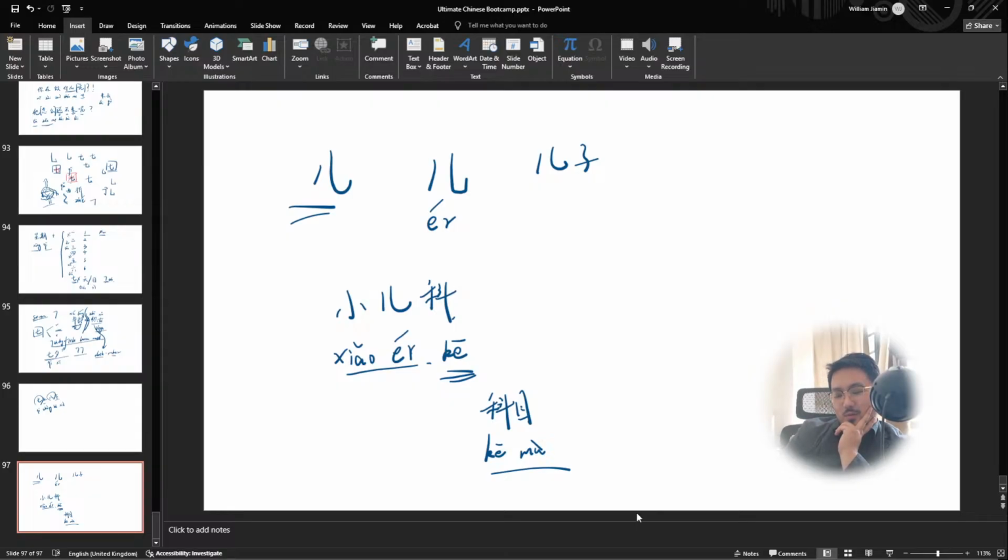For example, to pass the driver's license, you go through 科目一, 科目二, 科目三. Okay, so 小儿科. Previously 儿 referred to kids, but nowadays it's specific for boys, right?